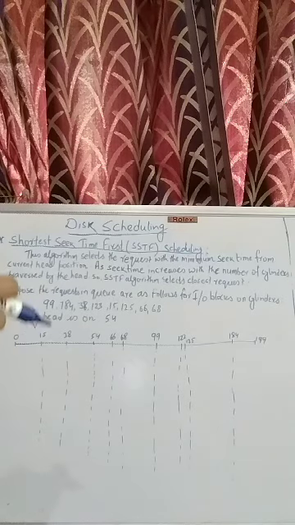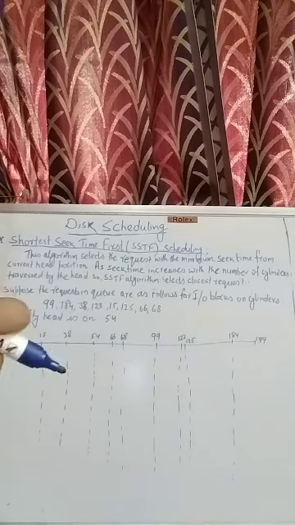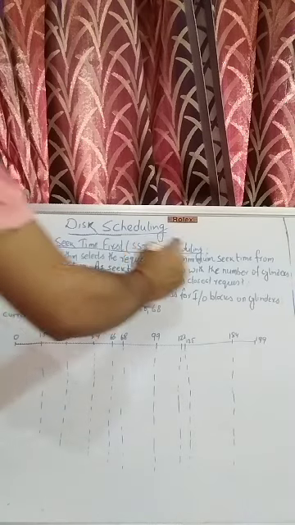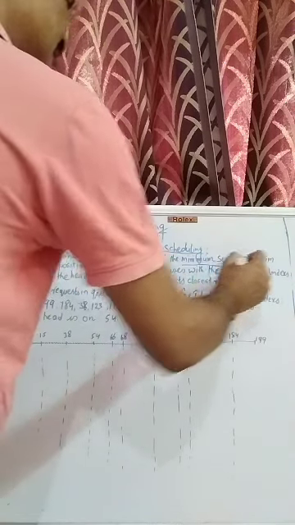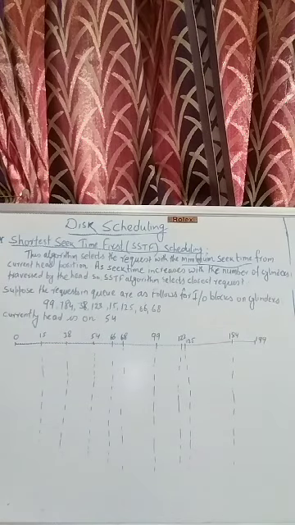That is, as seek time increases with the number of cylinders traversed by the head, the SSTF algorithm selects the closest request from the current head position. So this requires computation of the minimum head movement from the current head position to each request.